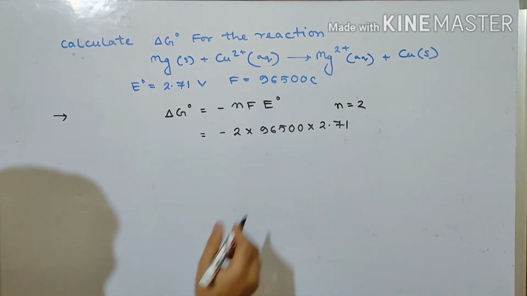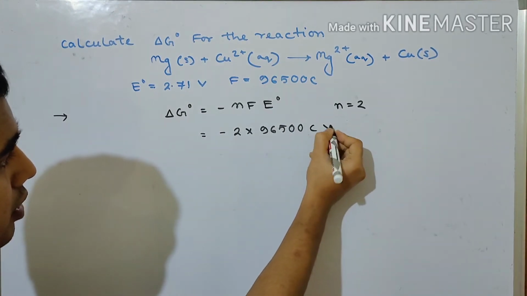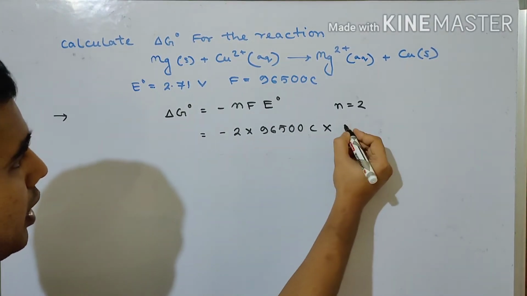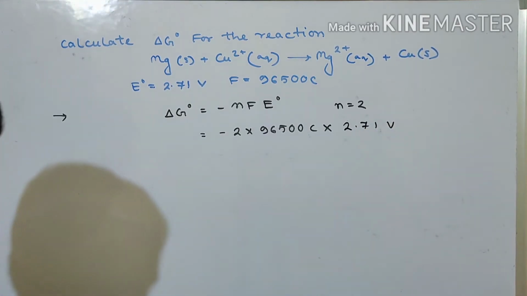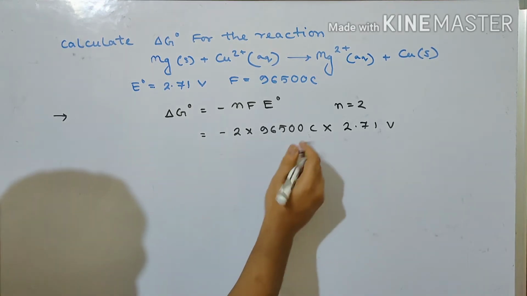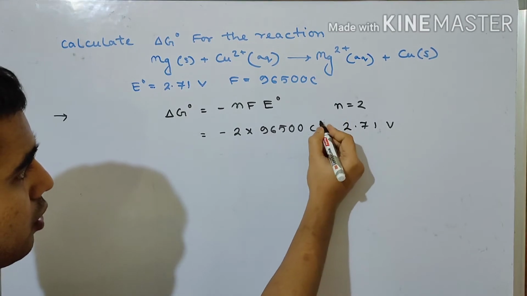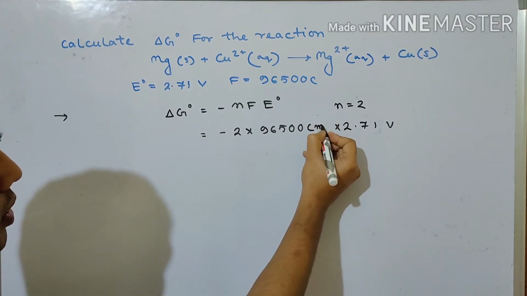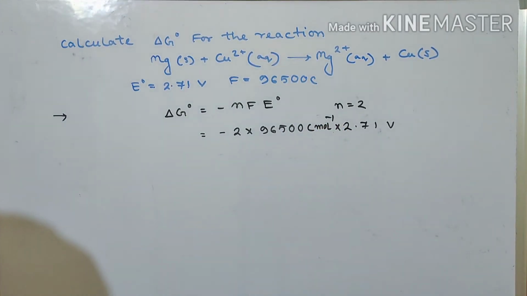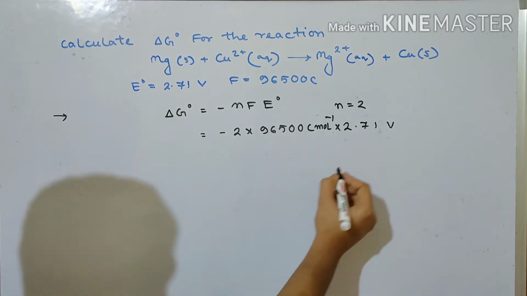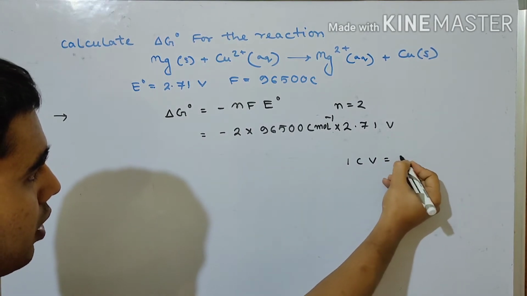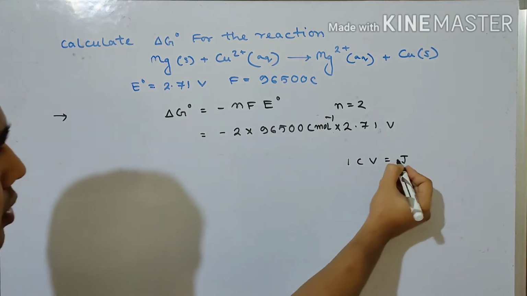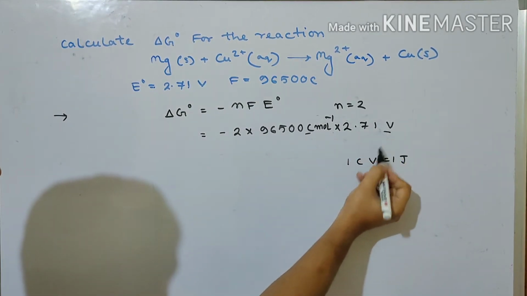So here, you must remember that if I write along with the units, it should be like 2.71 volt. And this 96,500 actually is, better we write coulomb per mole, or you can say coulomb into mole inverse. So we all know that 1 coulomb volt is equal to 1 joule. So coulomb and volt will combine to form joule.